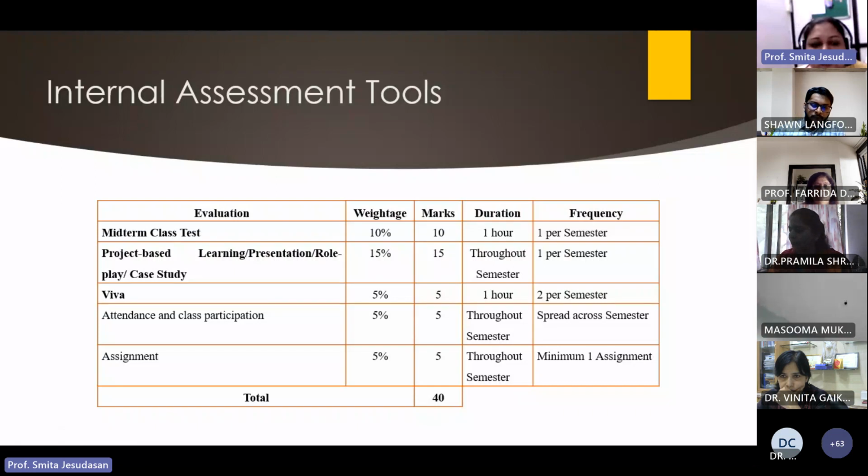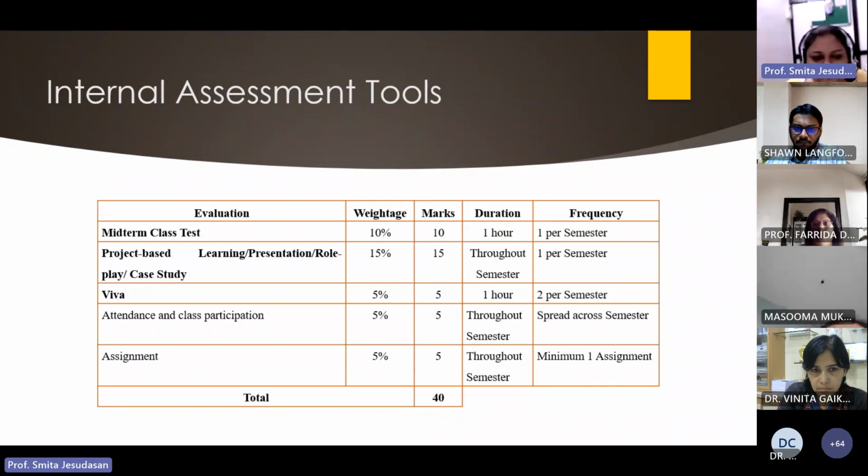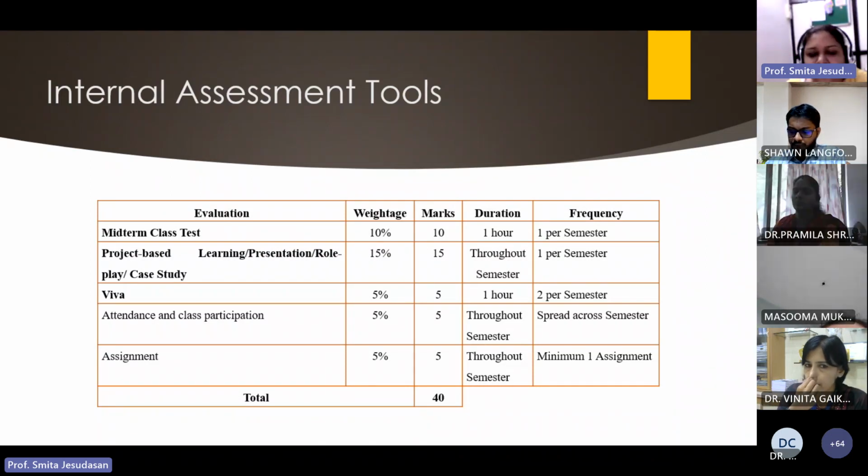Now, as I told you, prior to the commencement of the semester, when we prepare the session plan, we identify the course outcomes. And for each and every course outcome, we have to identify which tool will be used by us. For example, we have taken midterm test. The internal assessment carries 40 marks, and these are the various evaluation tools.